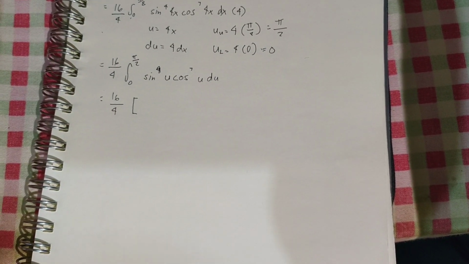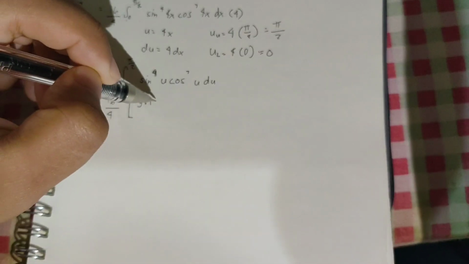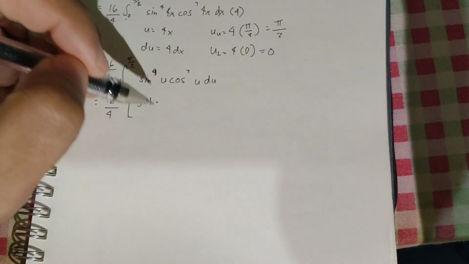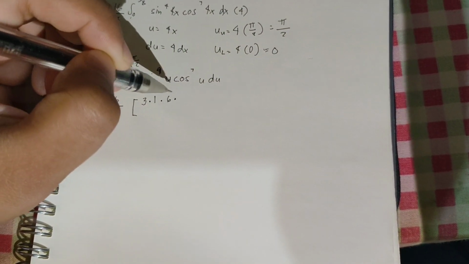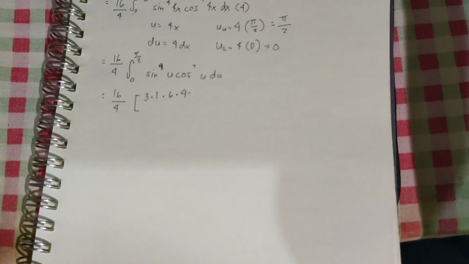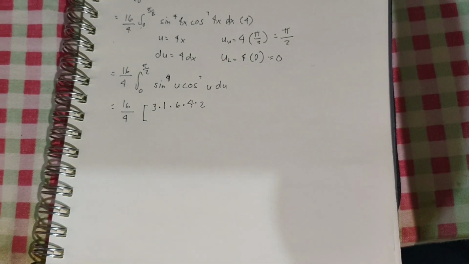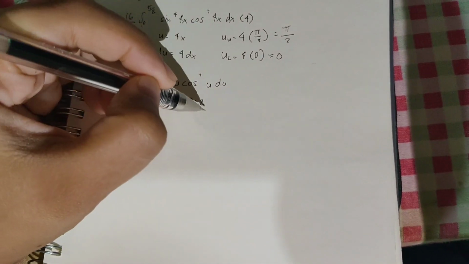4 minus 1 is 3. 3 minus 2 is 1. 7 minus 1 is 6. 6 minus 2 is 4. 4 minus 2 is 2. That's it. We will end here since our endpoint is 2.